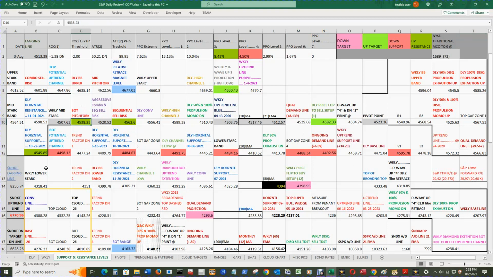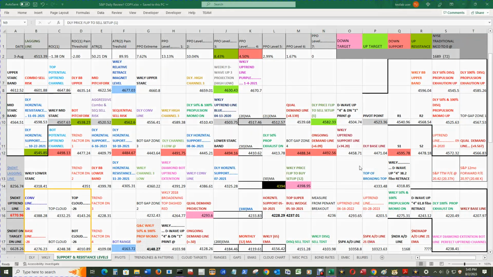And the other levels to the upside in the 4500 zone is 4545.85. This daily horizontal support from 10/22/2021. The sequential sell risk level 4562. Keep going, and this uptrend line has been giving price a hard time, and it will be at 4572.32.